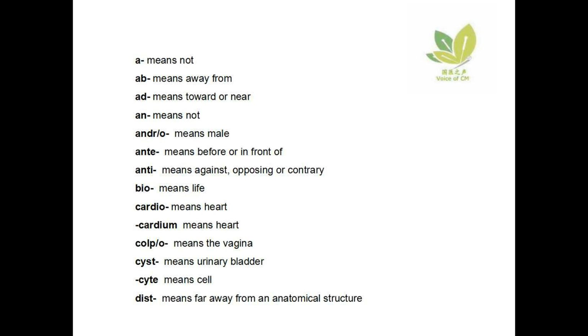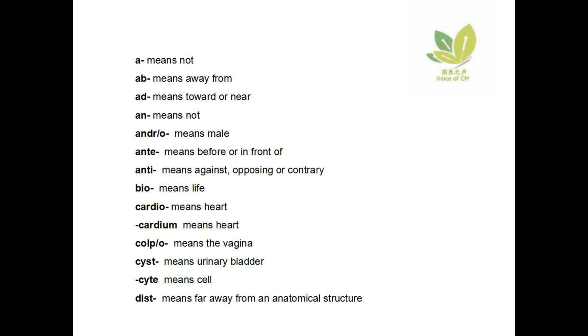The term bio means life. The term cardio, which was a root word, means heart. The term cardium means heart. Colpo means the vagina. Cyst means the urinary bladder. Cyte is a medical suffix, and it means cell.